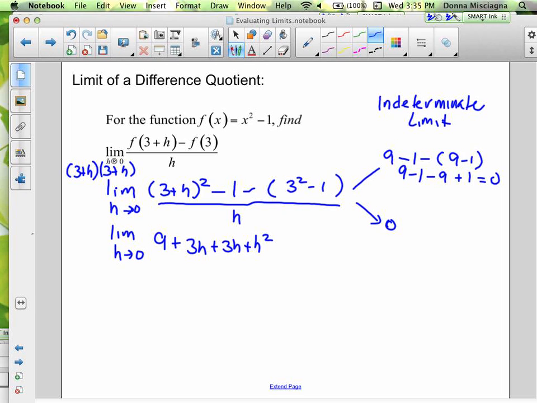Or I could just remember a little property for squaring. You can remember that. I'll just put that over here, a little property for squaring.